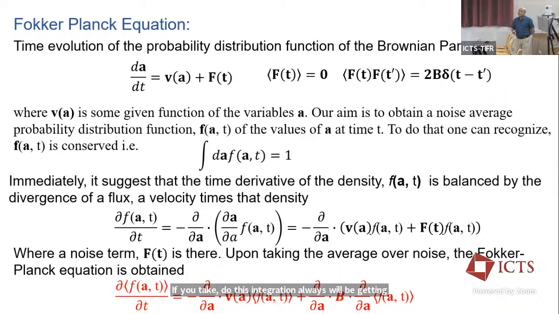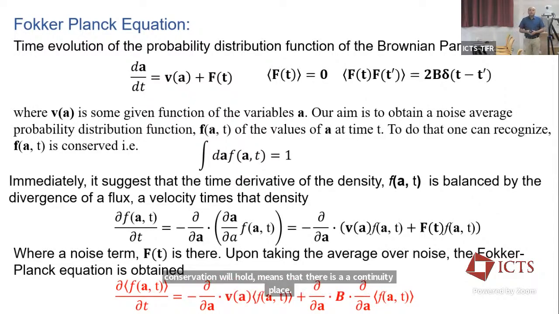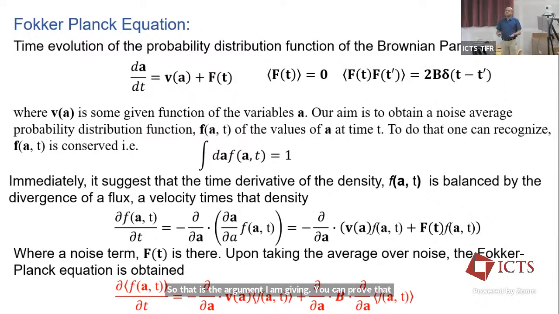Now, if this relation holds, it means that there is a flux balance equation, a kind of continuity equation. If such a conservation law holds, there is a continuity equation. That is the argument I am giving. You can prove it, and physics students already know that.